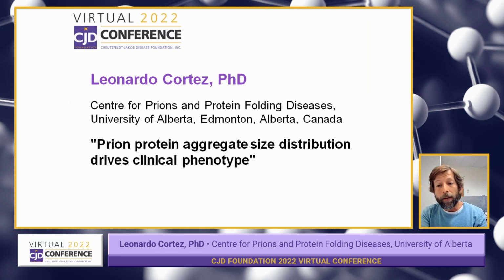This will allow us to understand better why different patients have different symptoms. And ultimately, this knowledge could help us to better target specific types of prion based on the symptoms of the patient.